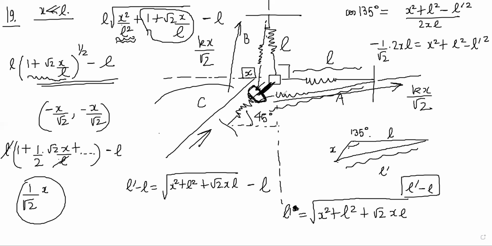So what I need to do is take kx by root 2 cos of this angle, kx by root 2 cos of this, and double it. Now how do we find cos of this angle? It will be a tiny angle, but fine, we'll just do it properly. Cos of this angle, again the cosine rule we can use, right?